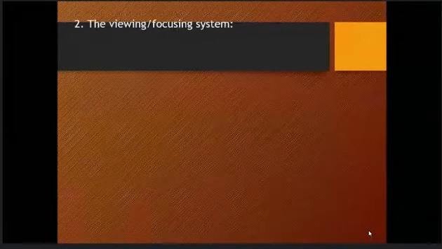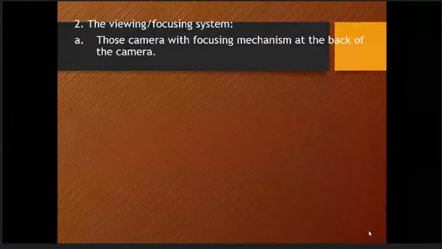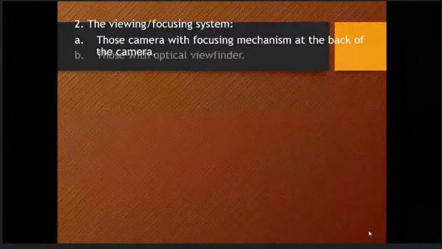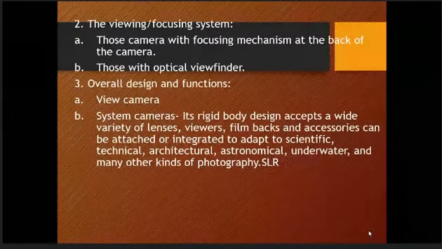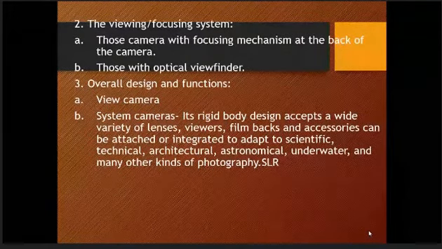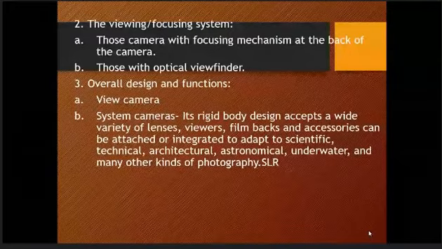Then in the focusing and viewing system, we have those with optical viewfinder and system cameras, wherein it accepts a wide variety of lenses, viewers, film boxes, and accessories that can be attached or integrated. The most common type here is the SLR, under system cameras.